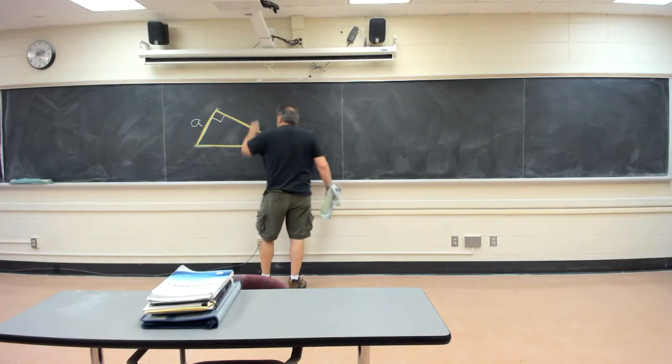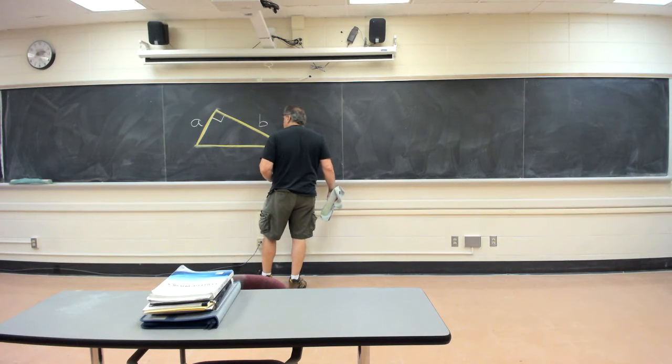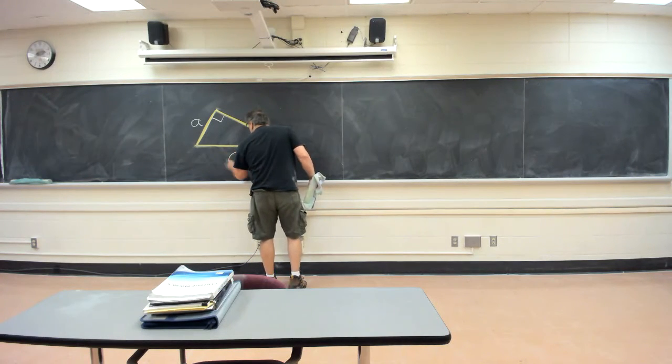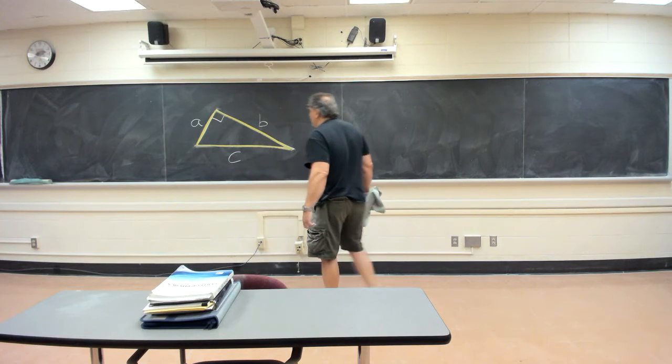That's length A, that's length B, and that's the hypotenuse, length C.